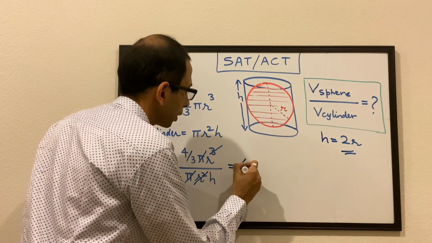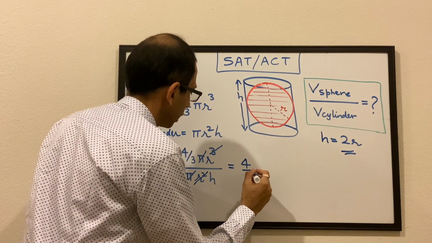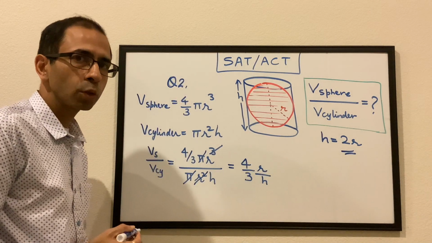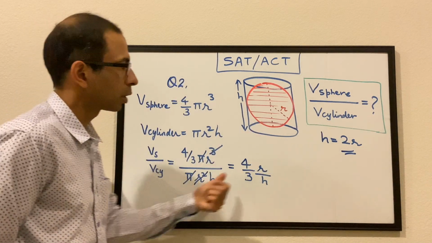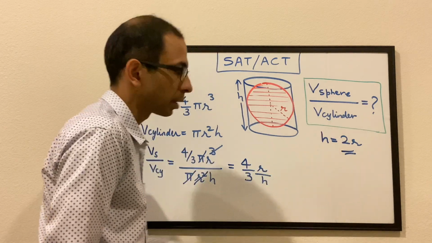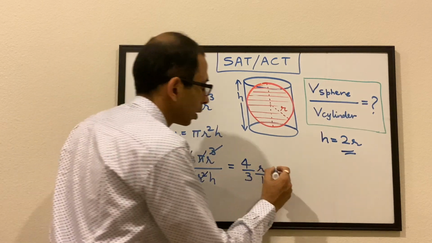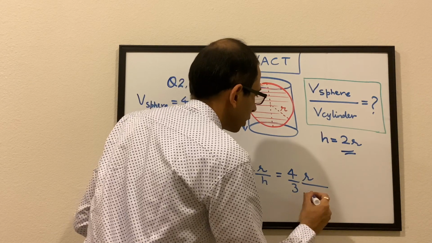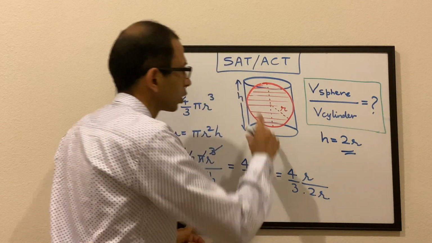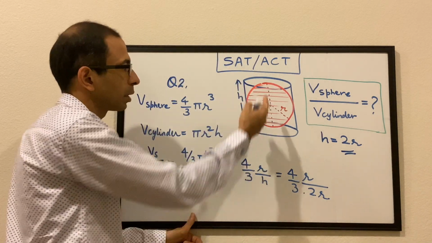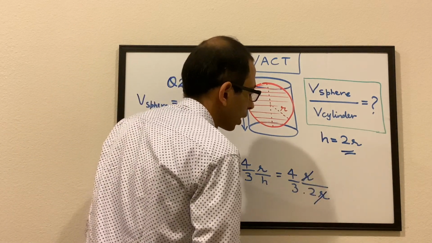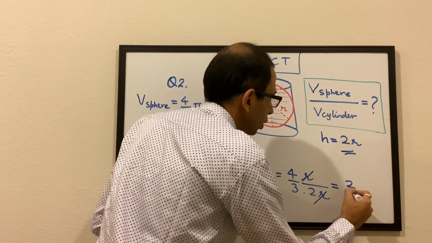So this is nothing but equal to 4 over 3 r over h. Right, so far with me? Now we just saw that there's a relation between h and r, h is equal to 2r in this case. So we're going to use that. So instead of h, I can write 2r, because the height of the cylinder is nothing but twice the radius of the sphere in this case. r and r also cancel out and eventually you get 2 over 3.